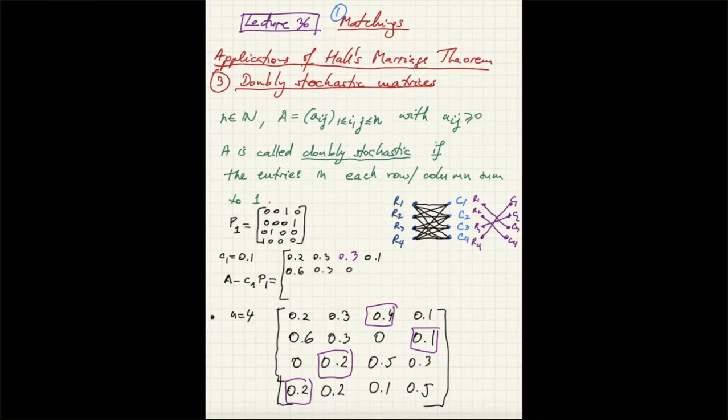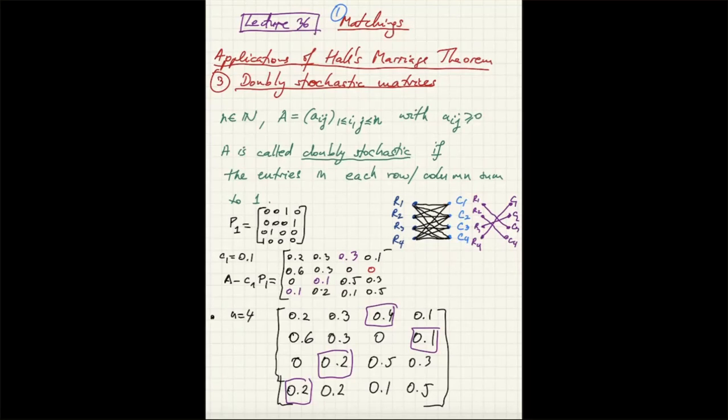And now we've created another 0 here. So we created another 0. And then we have 0 here. The entry drops by 1, so it's 0.1, 0.5, 0.3. And the last row, 0.1, 0.2, 0.1, and 0.5.